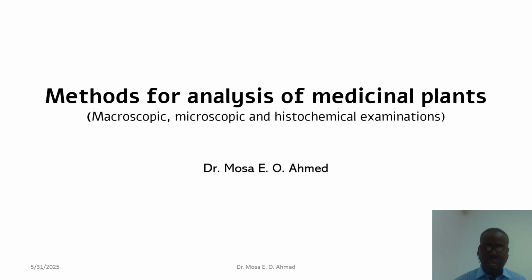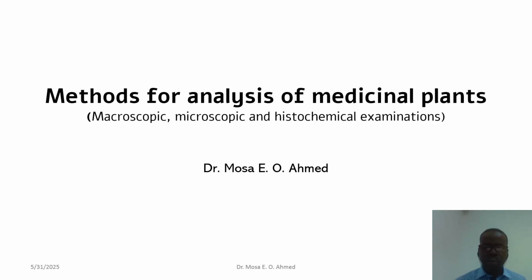In microscopical examination, we mean using microscopy to determine the infrastructure of the medicinal plant in order to determine its identity, and besides to determine the presence of secondary metabolite in this anatomical structure.